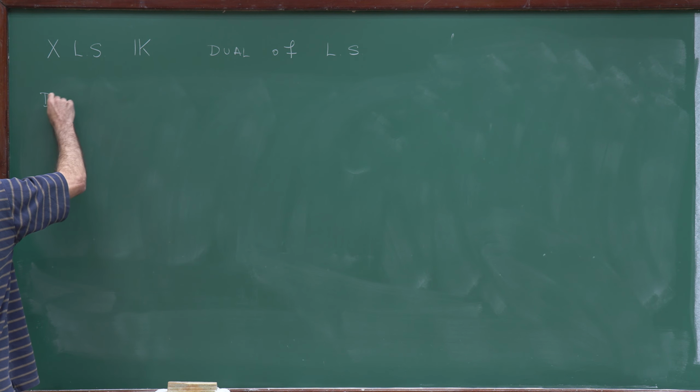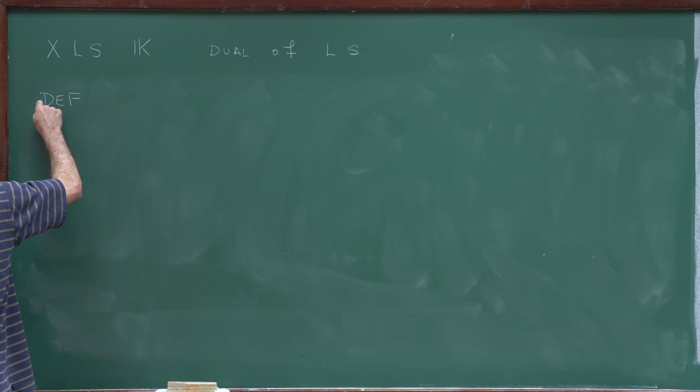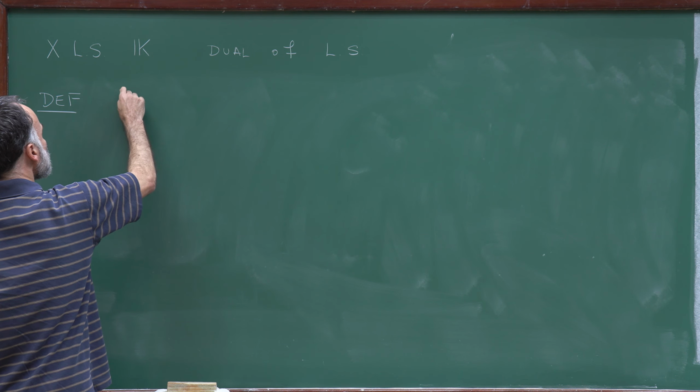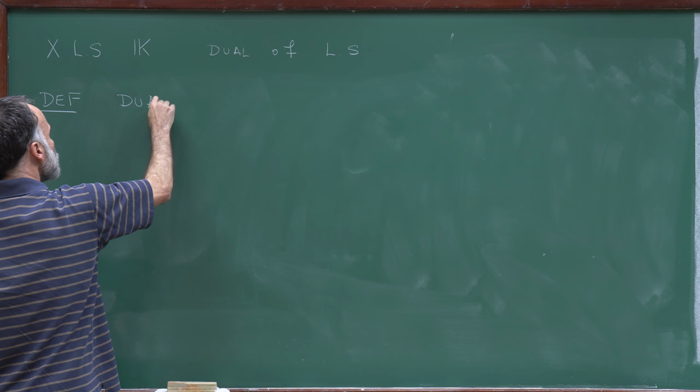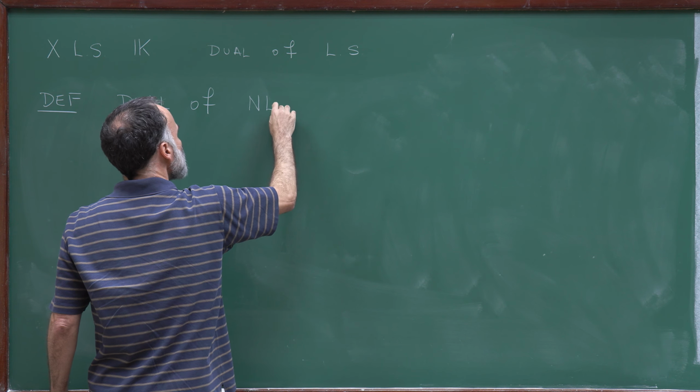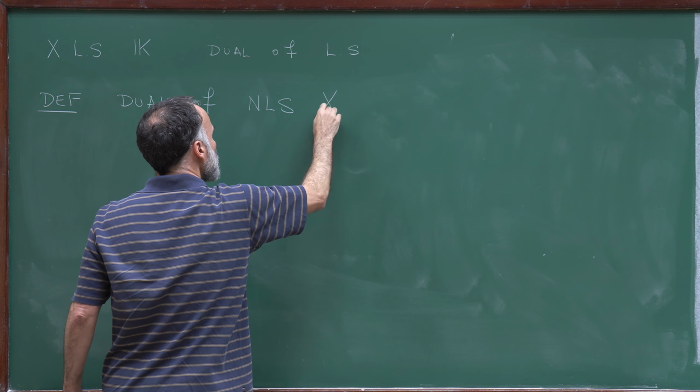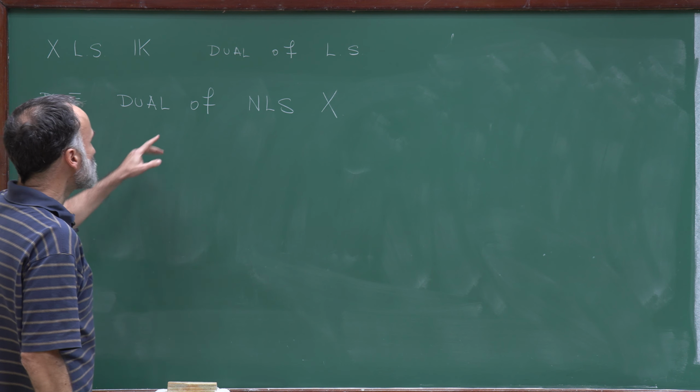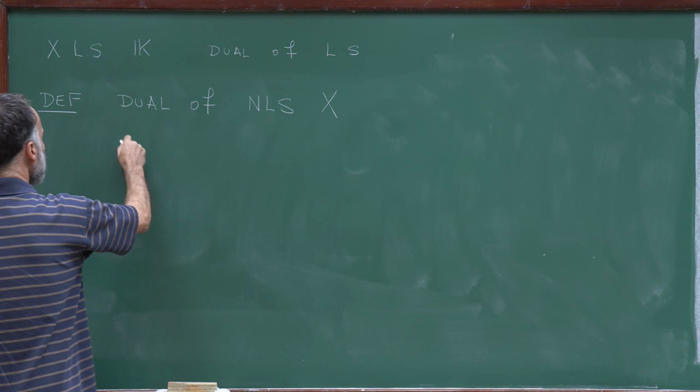So, a definition. That's a definition of the dual of a normed linear space X. I will represent this space by X prime.